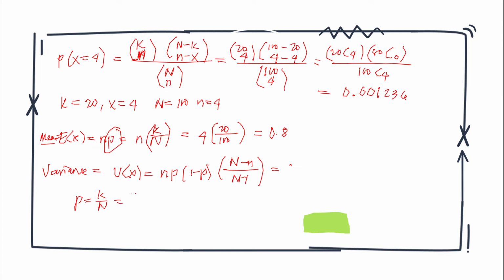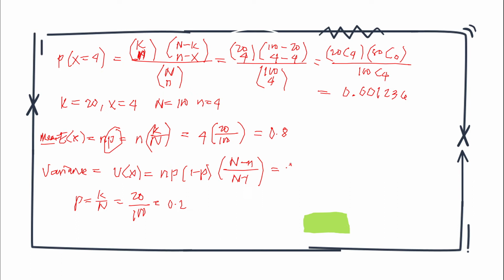We have here, k is 20 over N, which is 100. Therefore, 20 over 100 is equal to 0.2. So what is here? So we have here, what is our N?